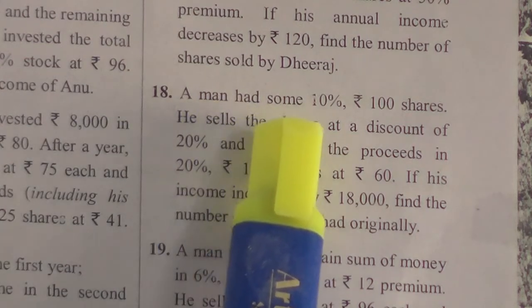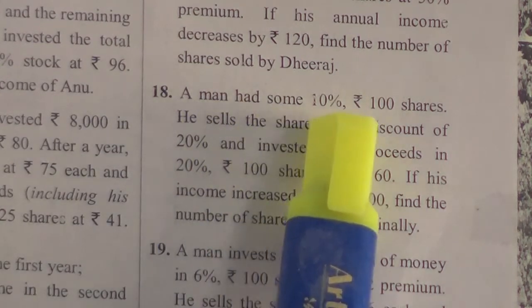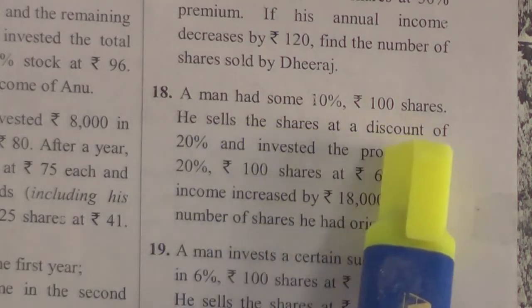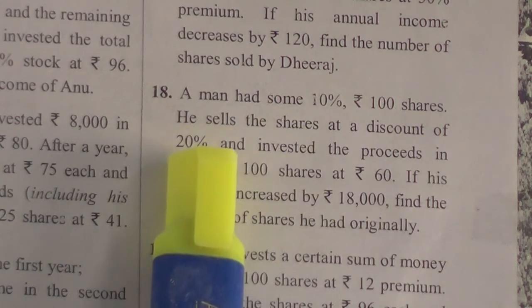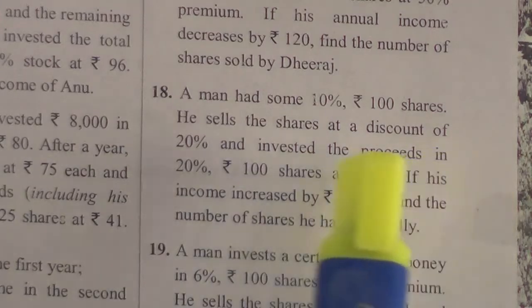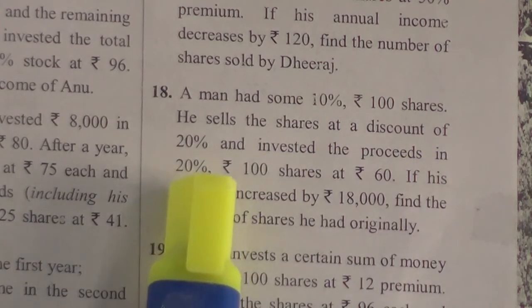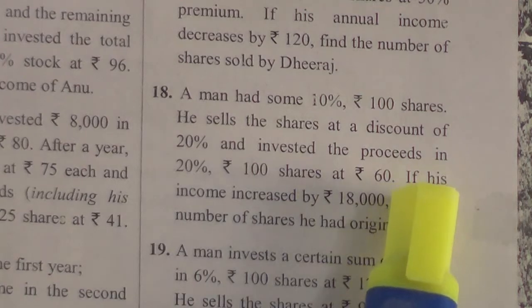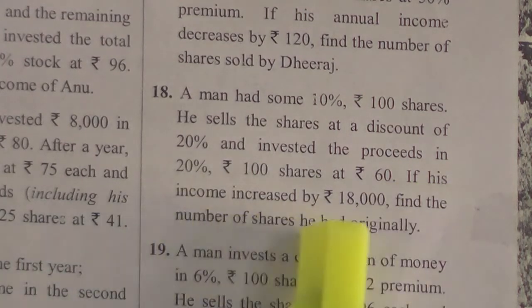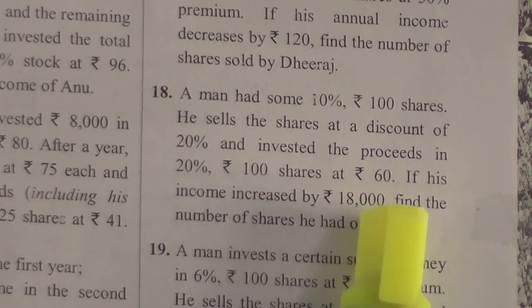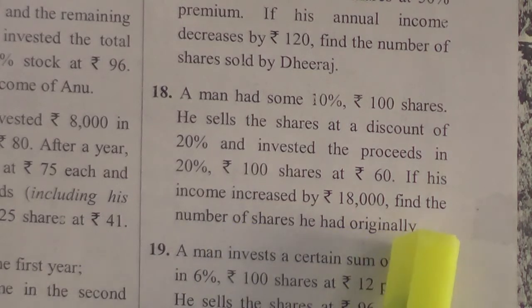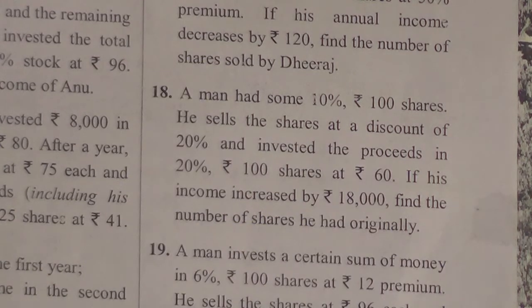He sells the shares at a discount of 20%, and invested the proceeds in 20% rupees 100 shares at rupees 60, and his income increased by 18,000 rupees. Find the number of shares he had originally.